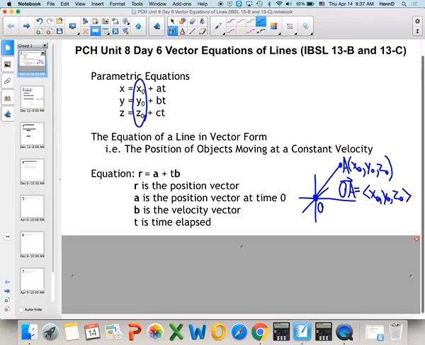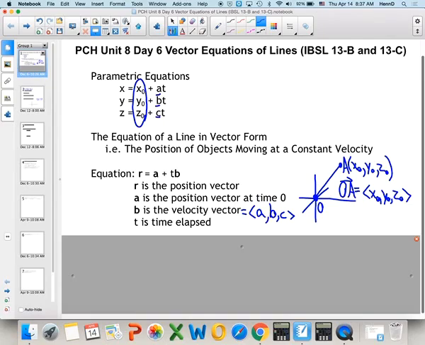A, B, C. Our velocity vector is simply a, b, and c, the values that we're multiplying t by in our parametric equations.